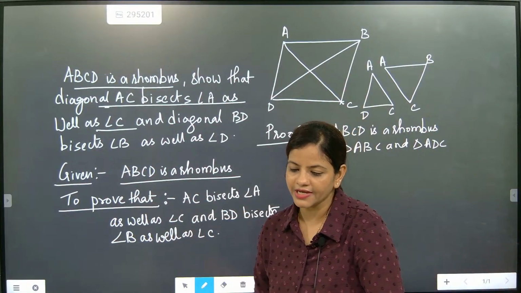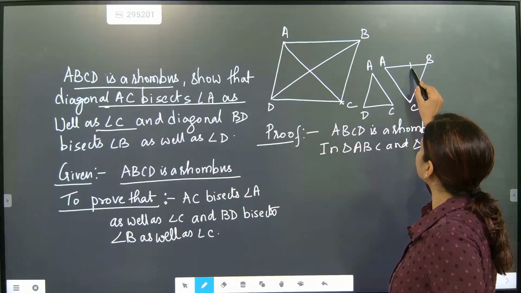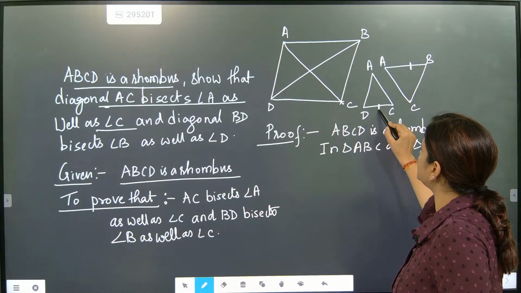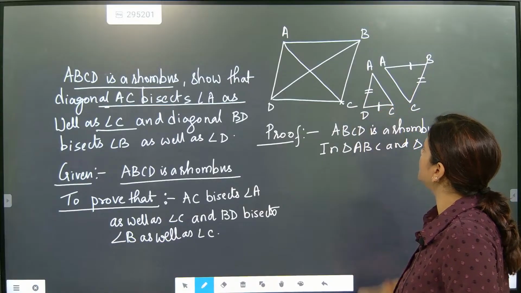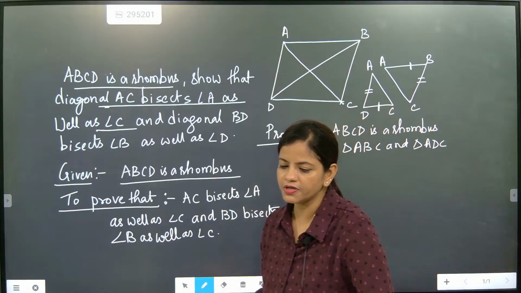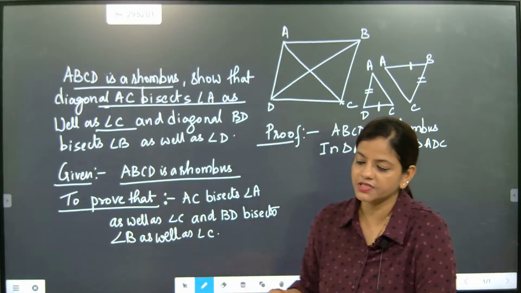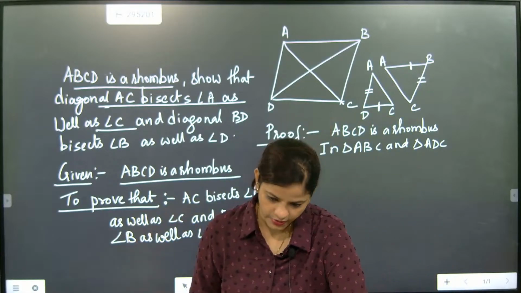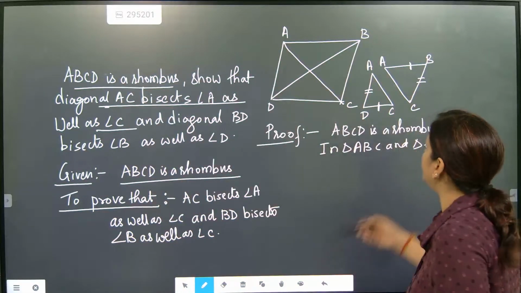Rhombus means all the sides are equal. So now AB is equal to DC. Now BC is equal to AD, because in a rhombus all the sides are equal, not only opposite sides. So we are going to write like that.